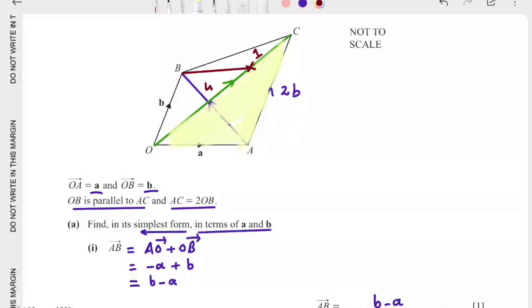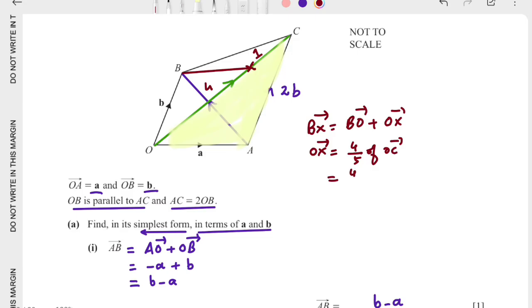So to find BX, the right path would be, I'm going to show working here, that BX is equal to BO plus OX. So first of all, we need to find OX. As the part of the ratio for OX is 4, it would be 4 over 5 of OC.